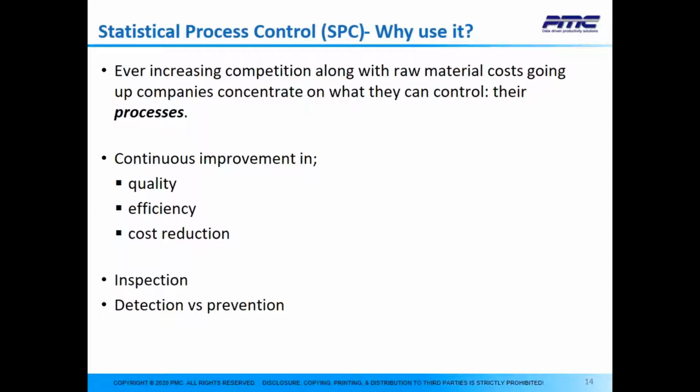The SPC process is implemented to move a company from detection-based to prevention-based quality controls. By monitoring the performance of a process in real time, the operator can detect the trends or changes in the process before they result in non-conforming product and scrap.